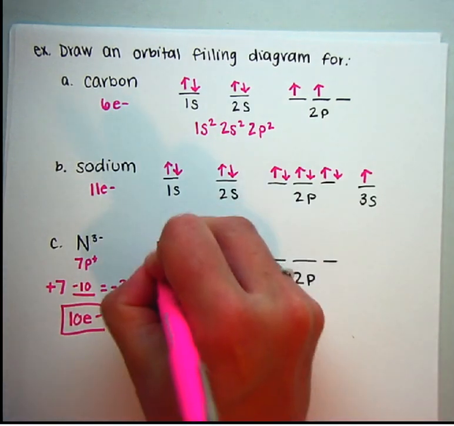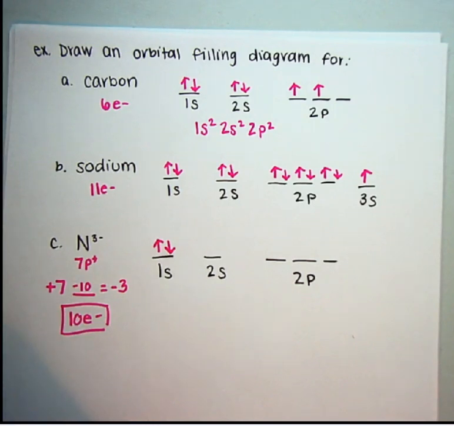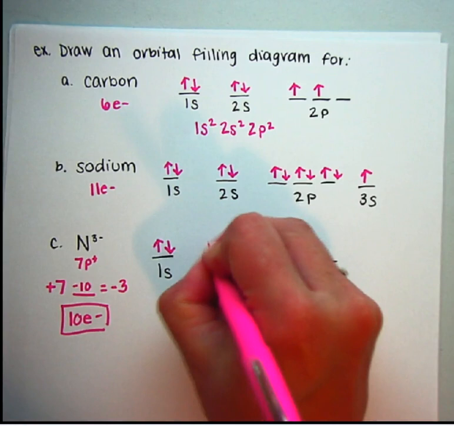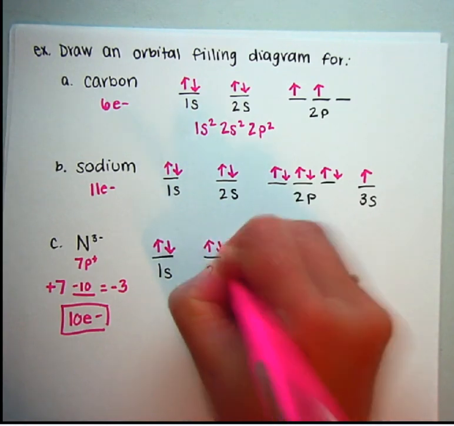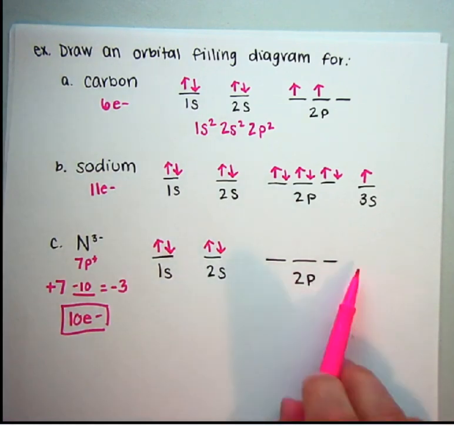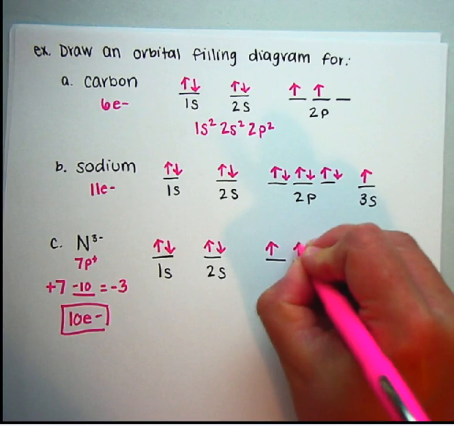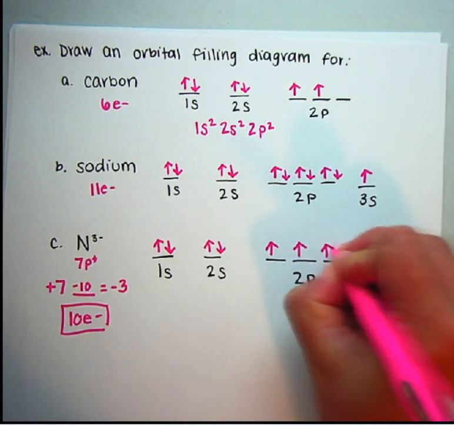So again, we're going to fill the 1s orbital with 2 electrons. They must be spinning in opposite directions. Once the 1s is filled, we're going to go on to the 2s. Again, we can fill an s orbital with 2 electrons spinning in opposite directions. When we get to the p orbital, we are going to fill every empty orbital with an electron.